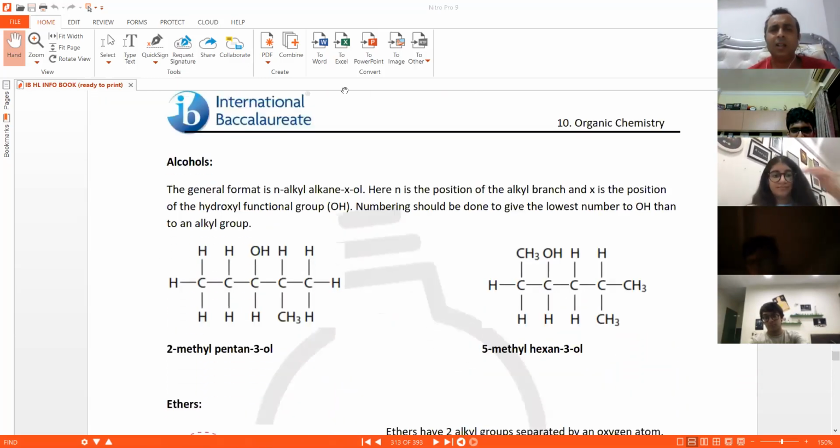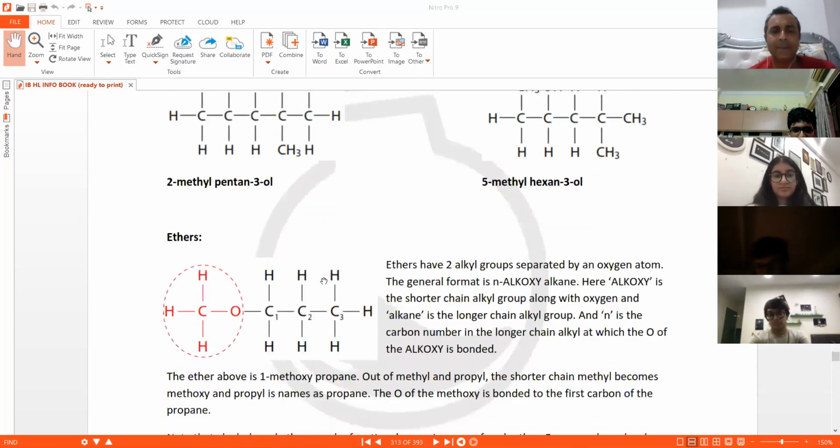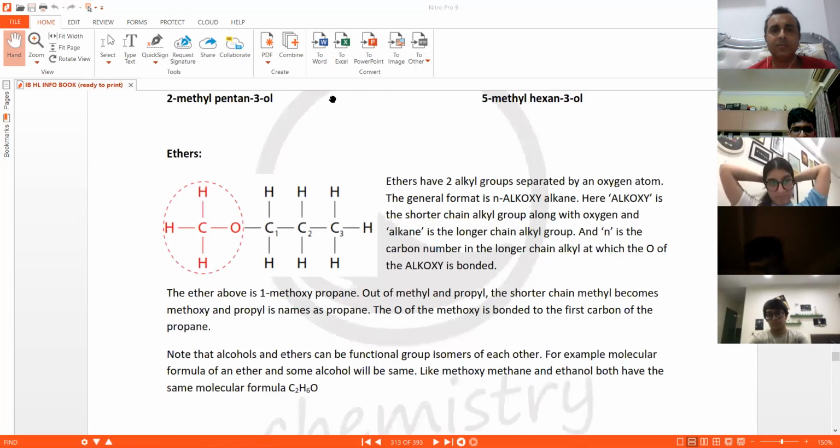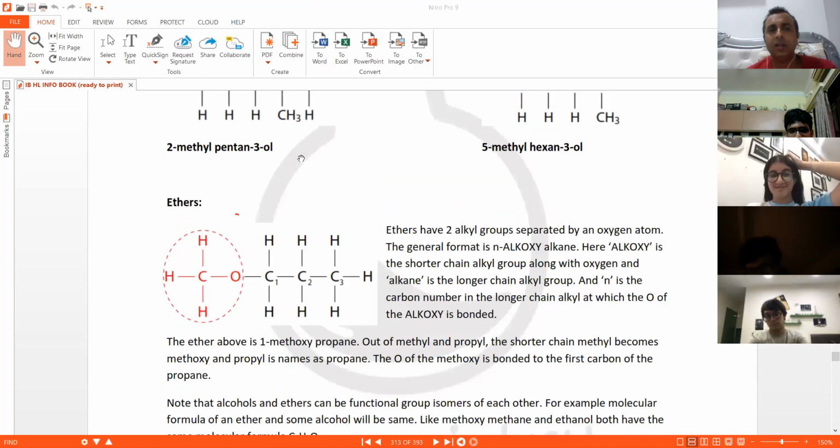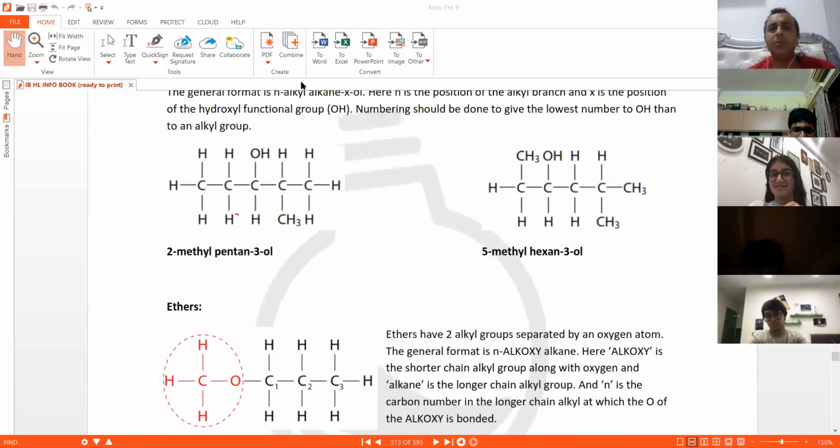Alcohol is the same as alkene: priority according to the functional group. The functional group is more important than the substituent. I said numbering-wise, I'll give priority to the alcohol, the functional group, and not the branch.